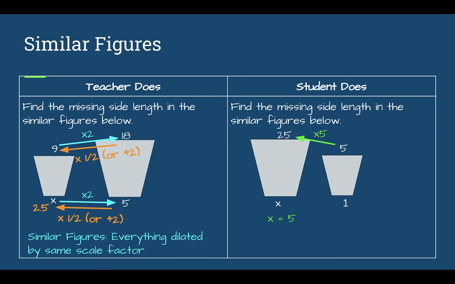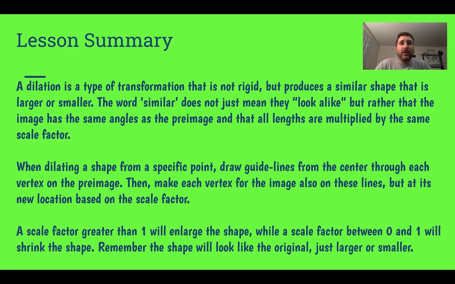So to go from 1 to x, we'd also need to multiply by 5, so x must be 5. Or you might have noticed that 25 times 1/5, or divided by 5, gives you 5. So x times 1/5 gives you 1. Still x is 5.